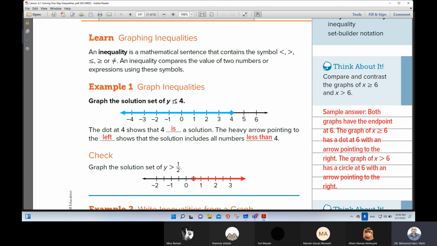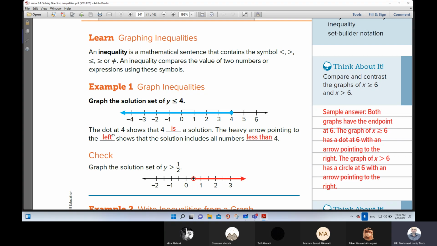Then look at the sign. If you have equals in the sign, draw a shaded circle. Then the values of y, as you see, are less than or equal to 4. Less than or equal to 4 means 4 is included in this solution, and less than means 3, 2, 1, 0, so the arrow or the direction is to the negative side.